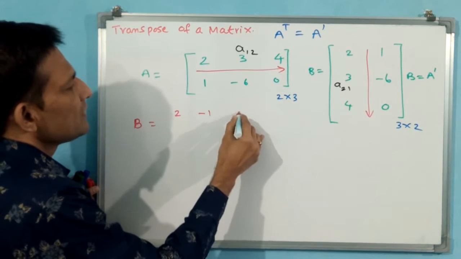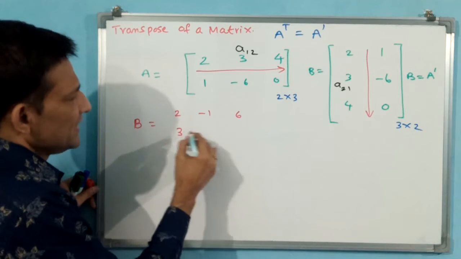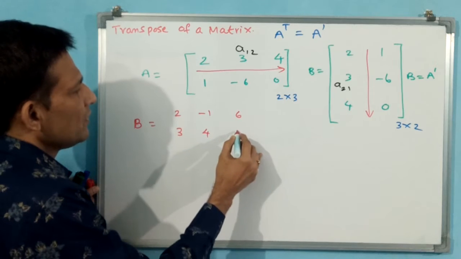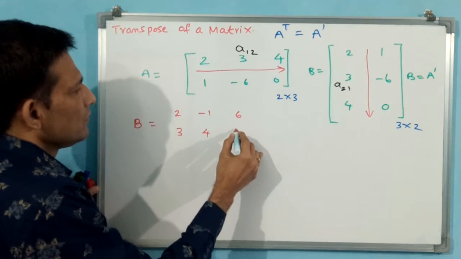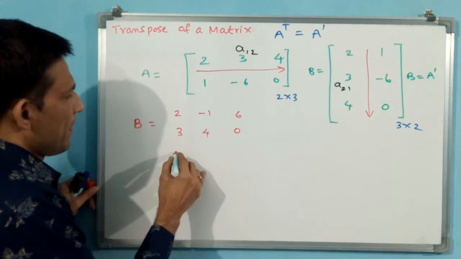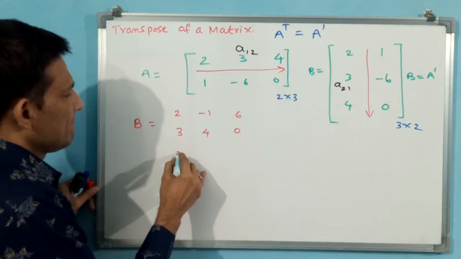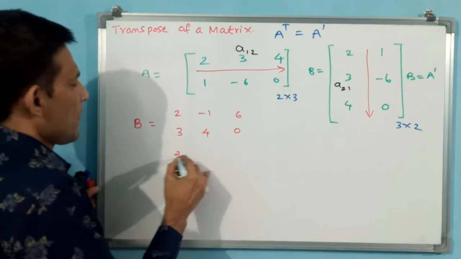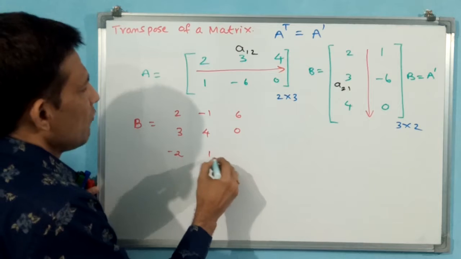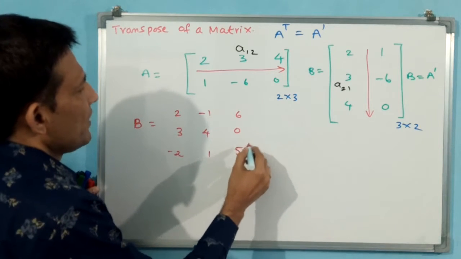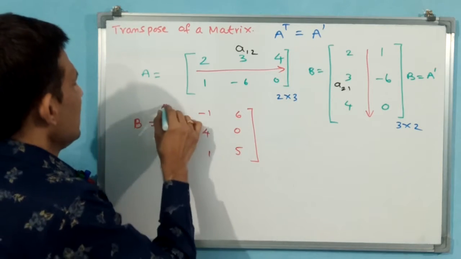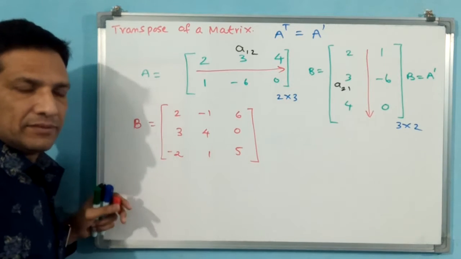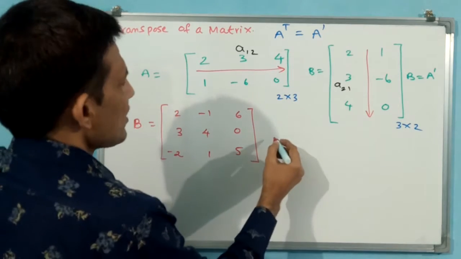2, -1, 6, 3, 4, 0, 2, -2, 1, 5. Okay. Now see, this is a 3 by 3 matrix. I am transposing it.